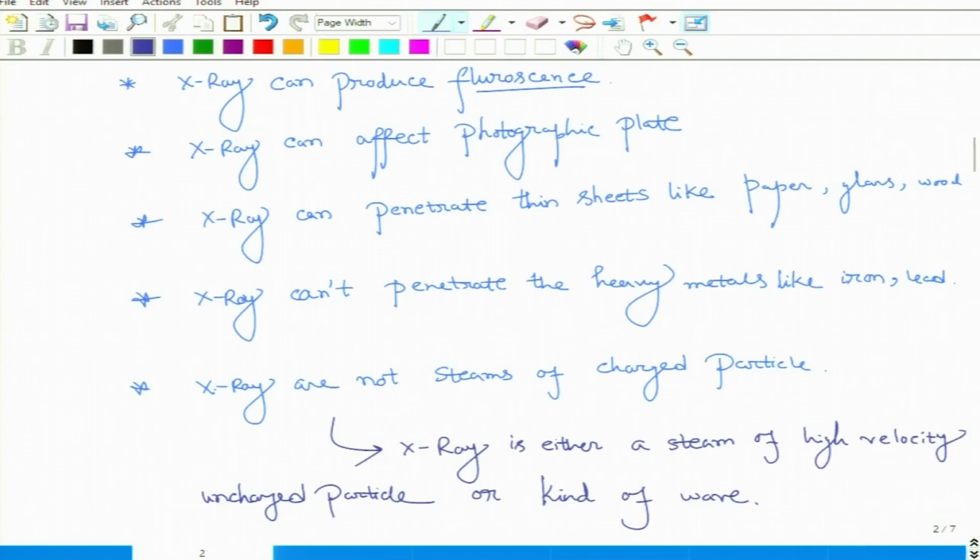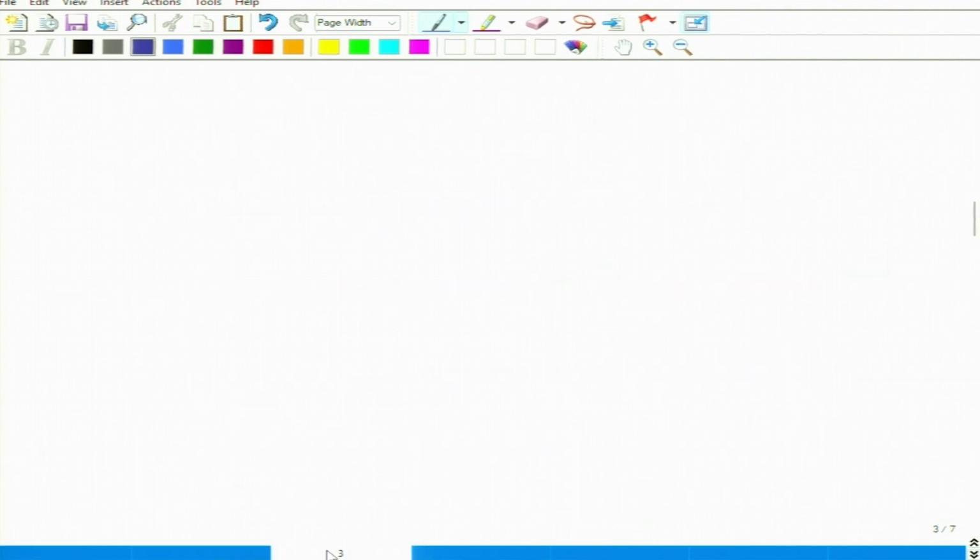So they thought X-ray may be a wave, or it may be a flow of uncharged particles moving at high velocity. This was the observation, and after seeing the experimental result, the scientists made this conclusion regarding the X-ray. Later it was proved that X-ray is actually an electromagnetic wave.